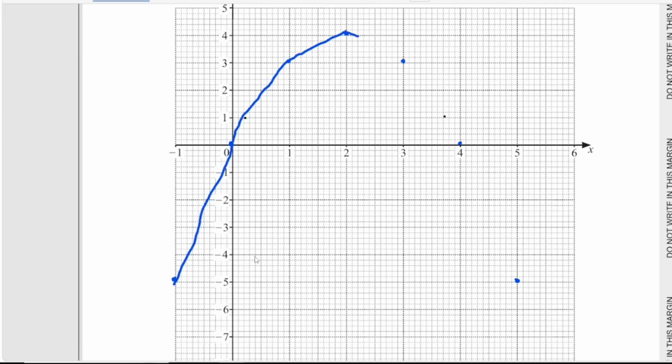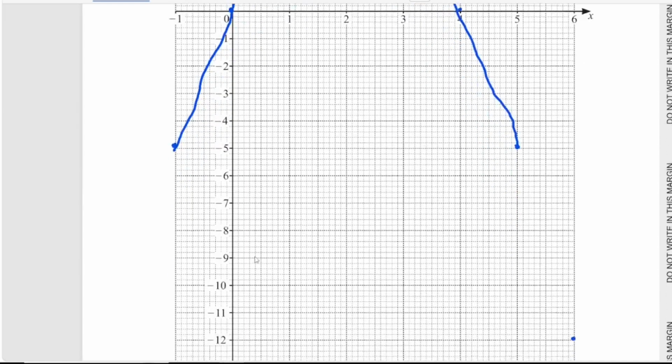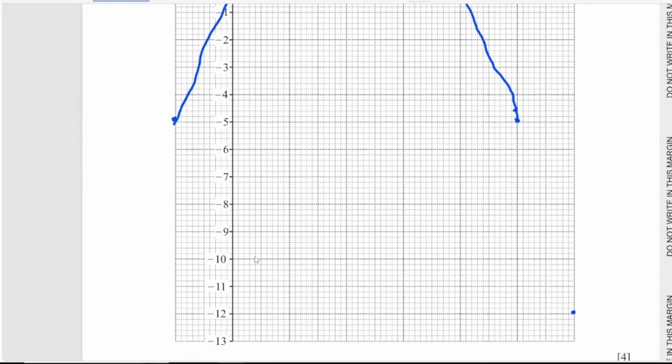Then the other part goes here. And there's another point down, so it goes, and that's our curve.